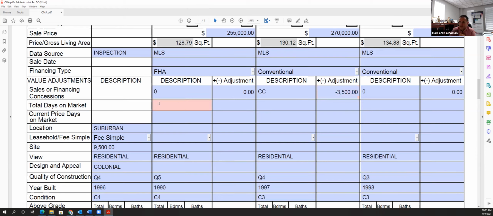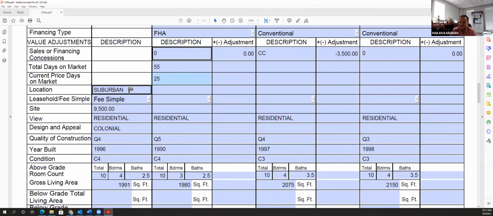All right. I also want to put the total days on the market as well as current price markets. So let's say the property is on the market for 55 days and current price is 25 days. So they did a price adjustment after 30 days of listing. That's what it means. Locations, let's say all suburbs.